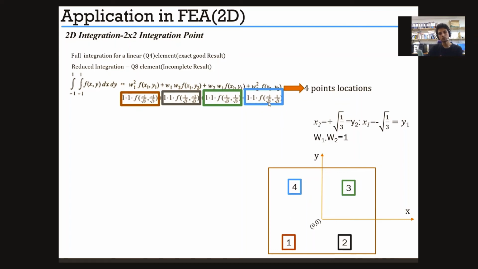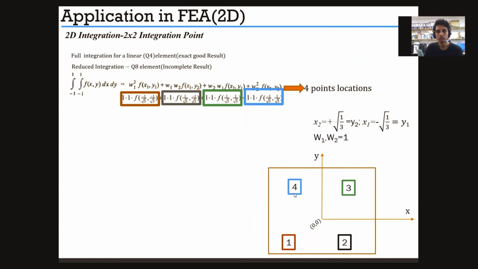You have to go to locate these points, minus 1 by root 3, minus 1 by root 3, and plus 1 by root 3. However, this is how we can get the 2 by 2 integration point following the Gauss quadrature rules.